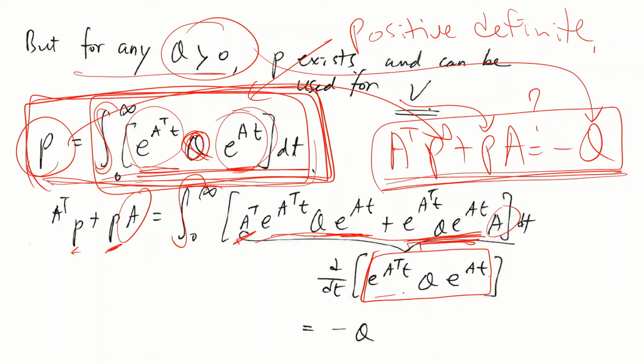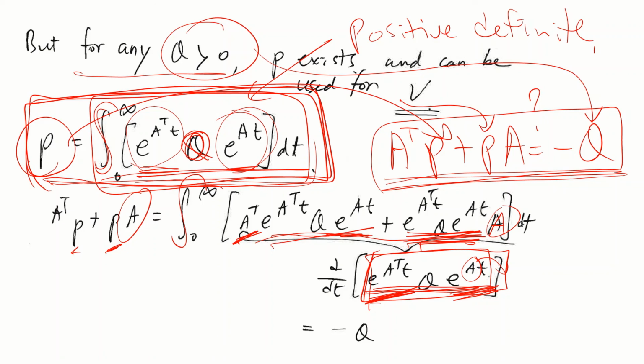It means you differentiate this one first and then differentiate this one. If you differentiate this one, then it's going to be A transpose times the whole expression here, plus, if we differentiate this one with respect to t, then this A can go outside here, and then you just write down this expression.